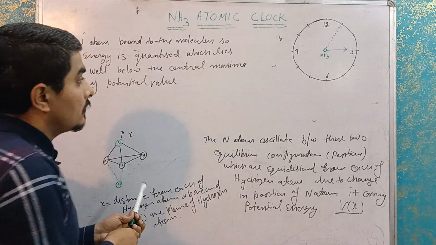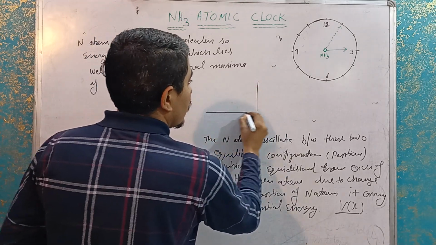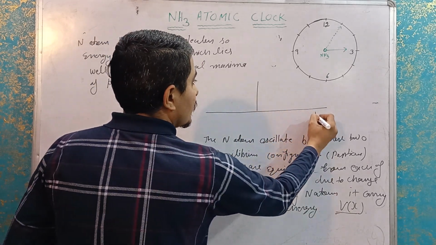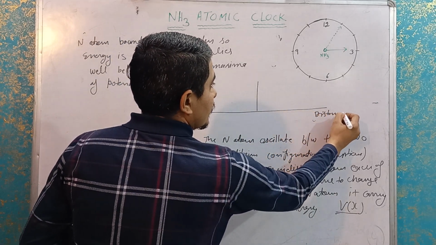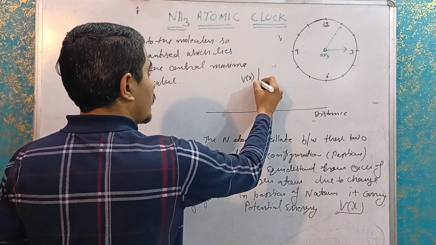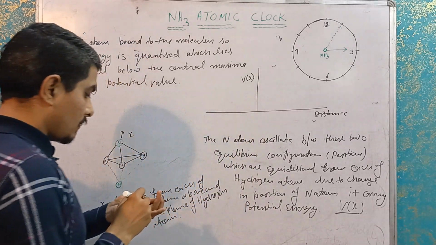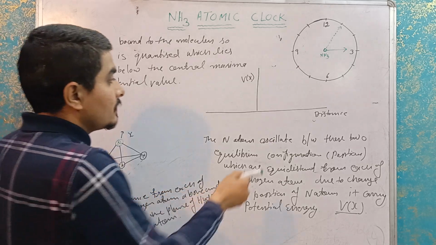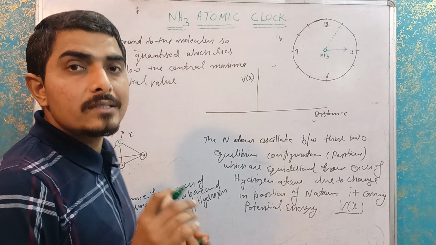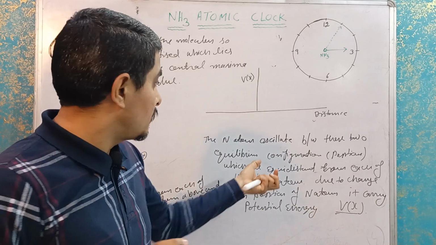Now we draw the graph of the potential energy of the NH3 molecule. This is the distance, and here we take the potential energy of the NH3 molecule. This nitrogen atom oscillates between the two equilibrium configurations and about the central plane symmetrically.